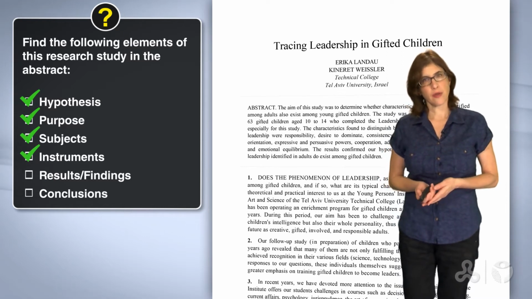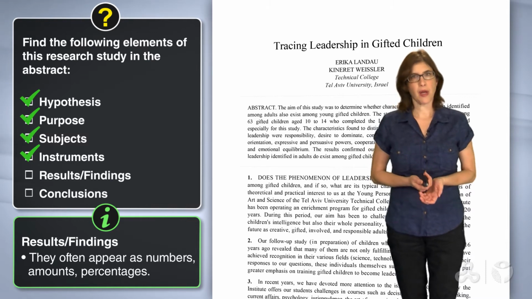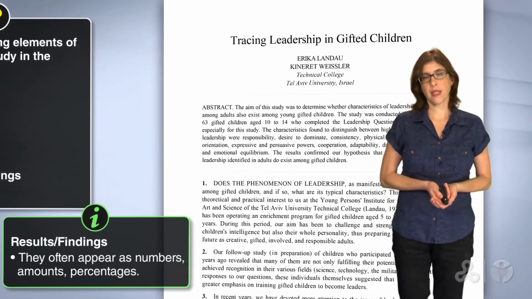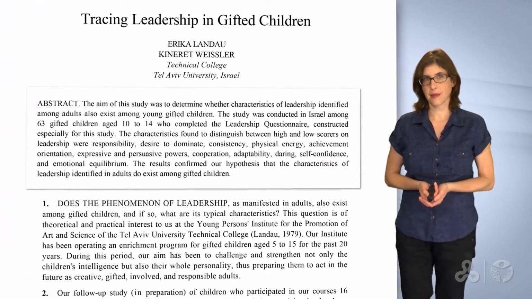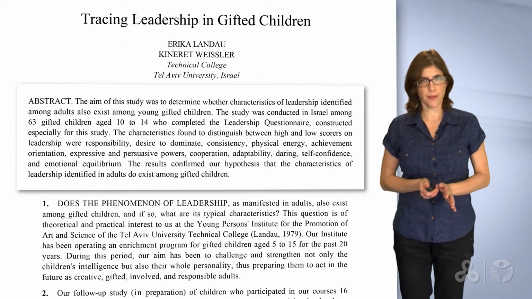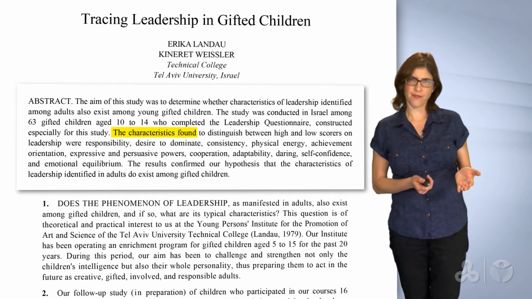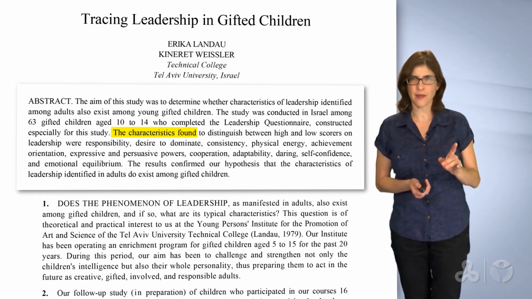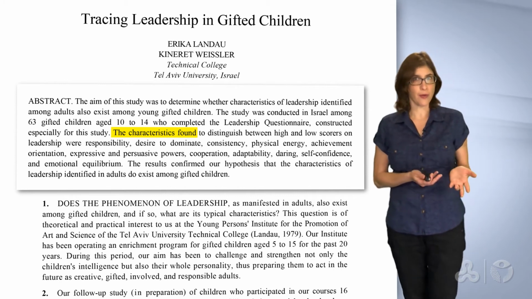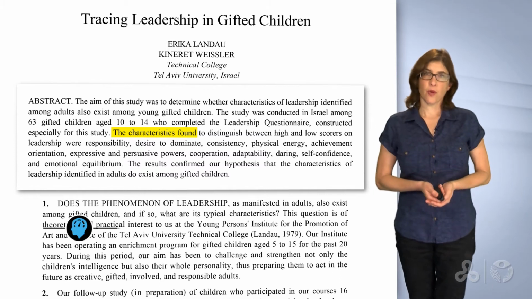Let's find the results or findings. Now let's keep on reading the abstract and see what the results are. Let's zoom in on the next sentence. It's a difficult sentence, so we will break it up. The characteristics found, this is a good sign. We can expect that this sentence will contain what the researchers found, the results. This is the passive form of the verb.